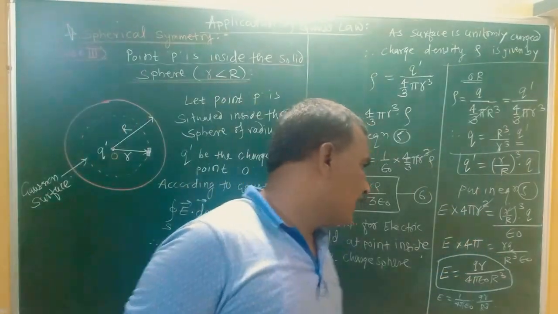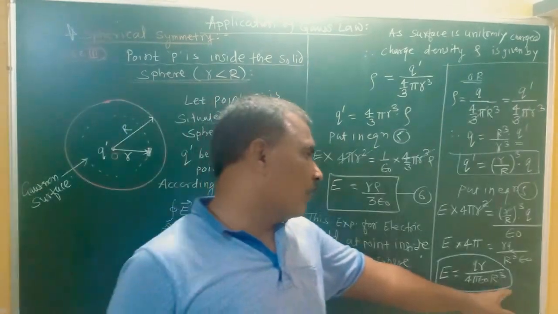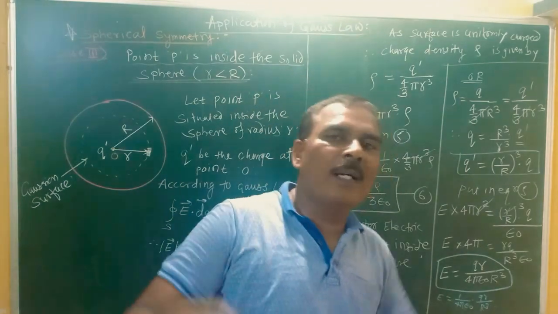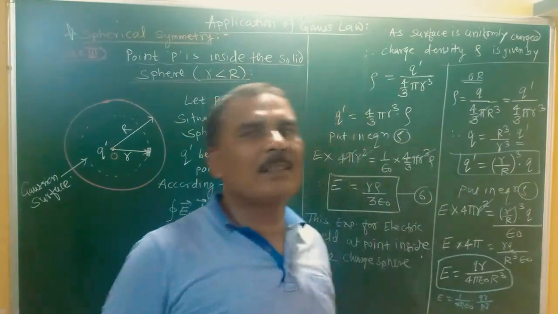It gives that E is equal to Q r upon 4 pi epsilon 0 into R cube. This is again the electric field intensity at a point situated inside the charged sphere.